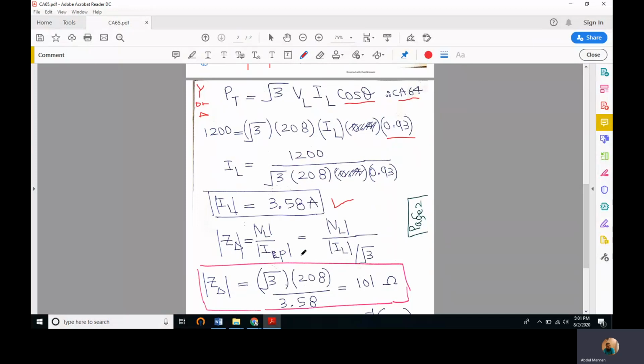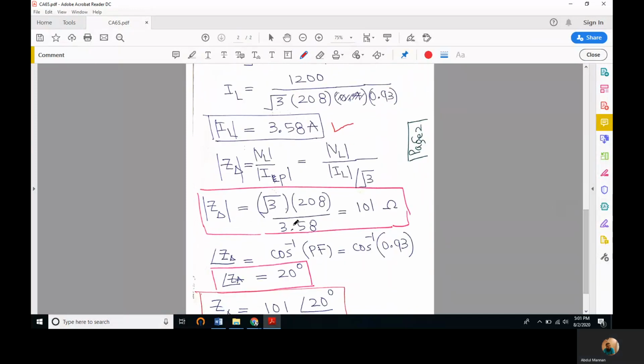In a delta connected system we have two sets of currents, the line currents and the phase currents, and the phase current is the line current divided by square root of 3. We have computed IL and we are given VL, so everything is known except Z delta. The magnitude comes out to be 101 ohms.